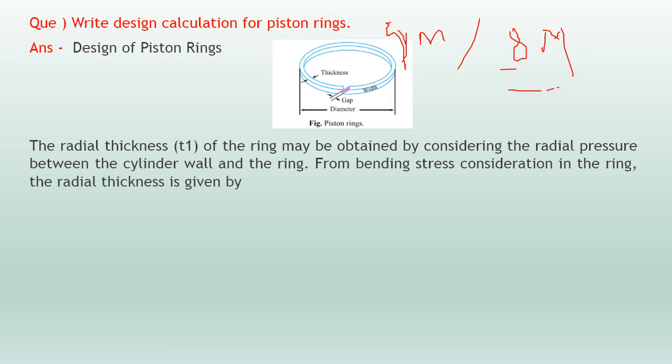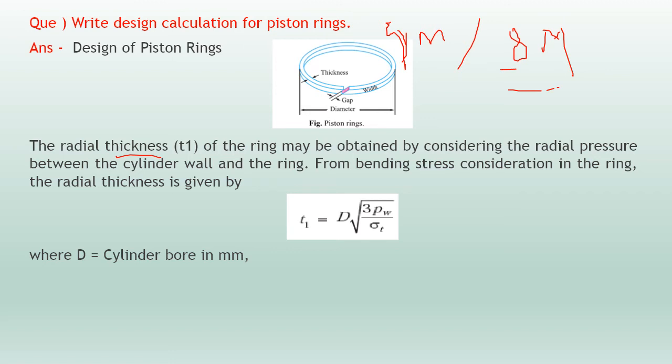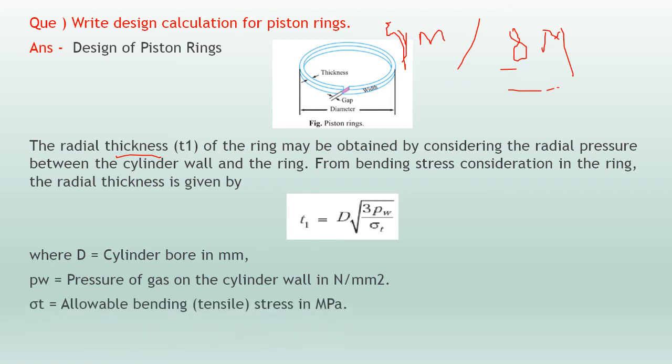Okay, from bending stress consideration in the ring, the radial thickness is given by the formula T1 equal to D times square root of 3 pW divided by sigma T. Okay, so by using this equation you can calculate the radial thickness, where D is the cylinder bore as usual, then pW is the gas pressure on the cylinder wall in Newton per mm square, then sigma T is allowable bending stress in megapascal or in Newton per mm square. Both units are same.